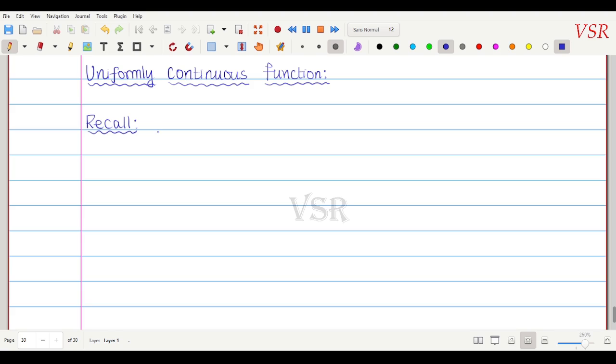Let capital X, capital Y be metric spaces and f a function from X to Y. Let x naught be an element in capital X.